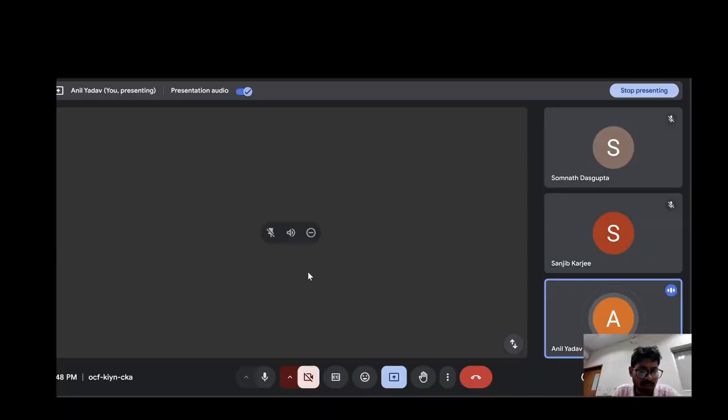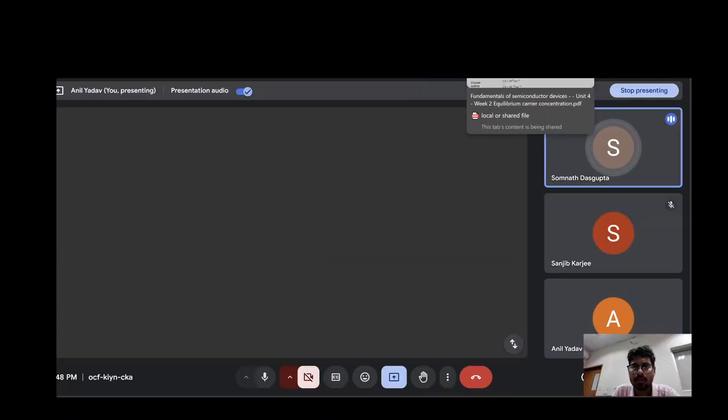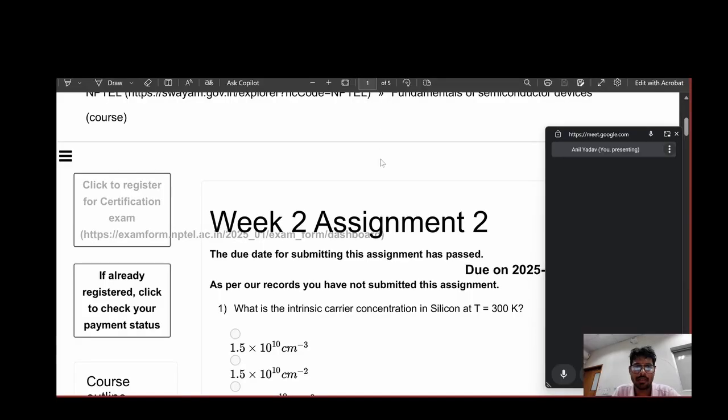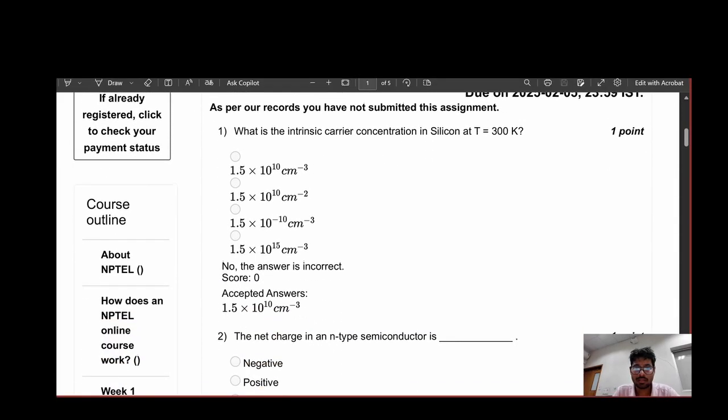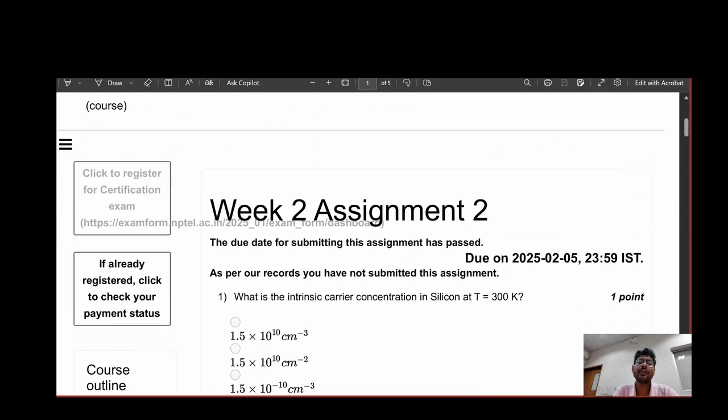Can you see the screen or is it blank? It is blank, sir. Still blank? Now it is visible.